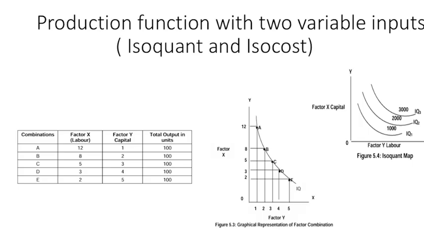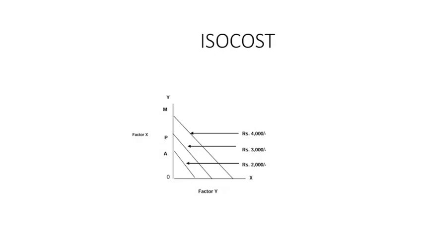Okay, now we can see the isocost line, which indicates the different combinations of the two inputs which the firm can purchase at a given price. Suppose a producer is given some amount, say 1,000 rupees, and he has to produce some output. For that he has to purchase some factor inputs also, like labor and machinery.